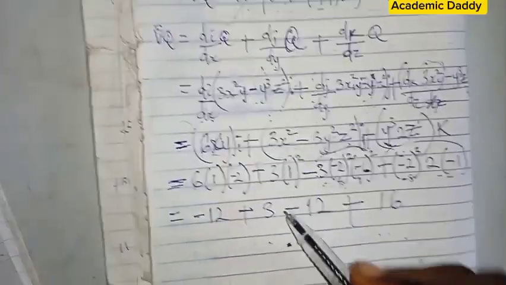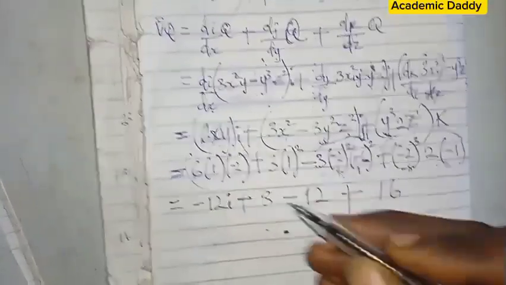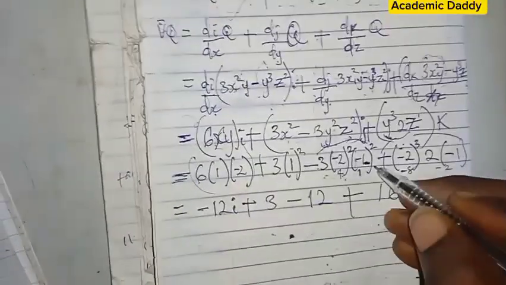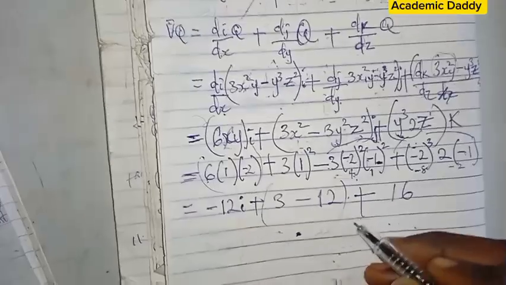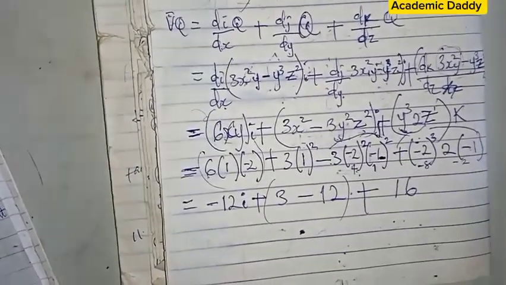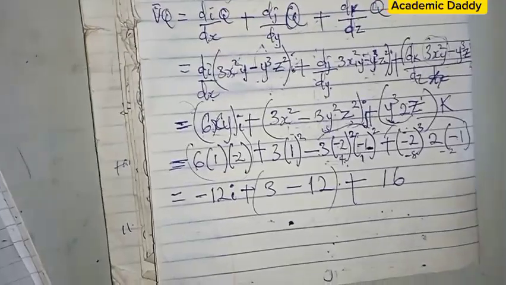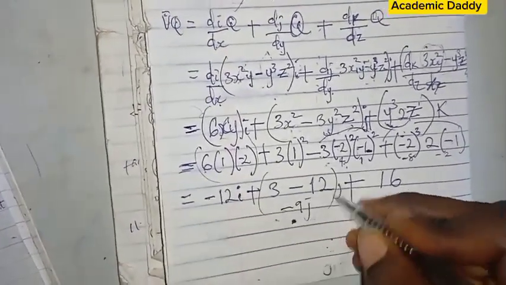So that means that when we solved everything here, we got 12. It's going to be -12i. Then when we solved everything here, you get 3 minus 12. You get -9, and it's in j.